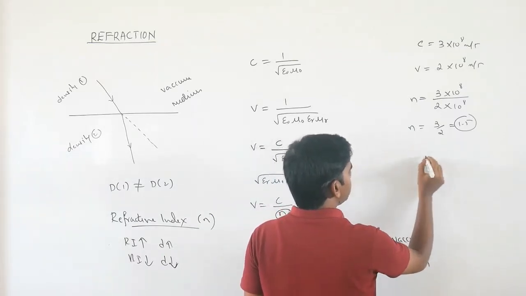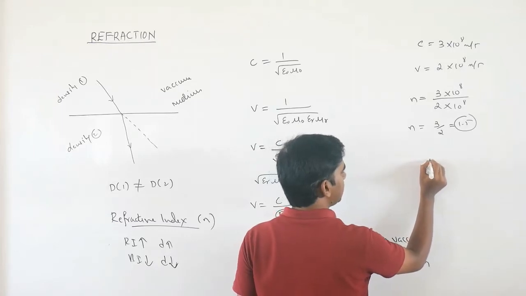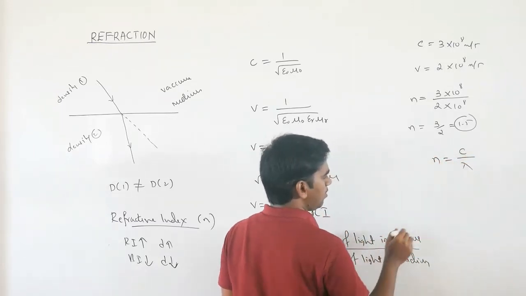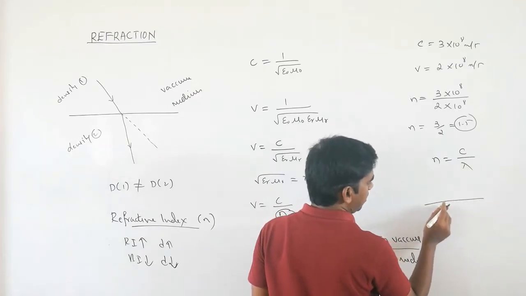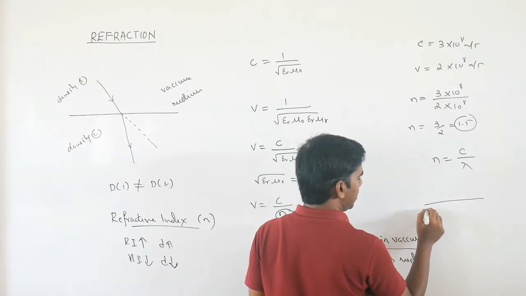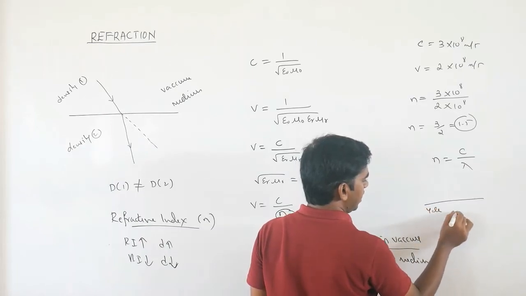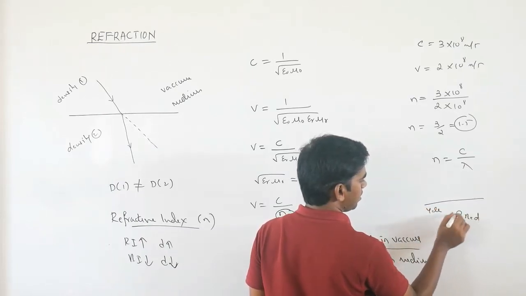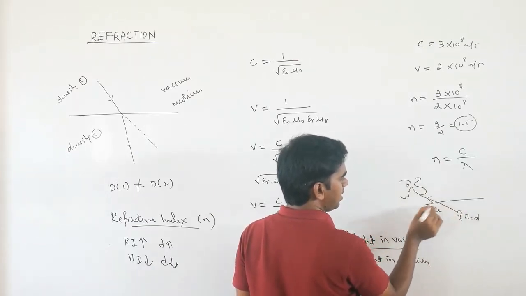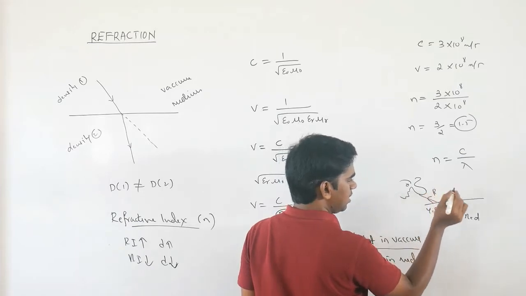We can also represent this in terms of wavelength. We know that n equals c by v. Now, in water, if the water color is say yellow, and there is a red bulb inside the water, and a person watches it from outside, what will be the color of the bulb? The color of the bulb is red only.